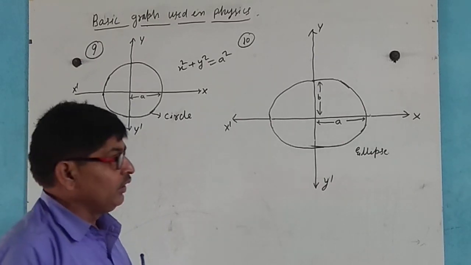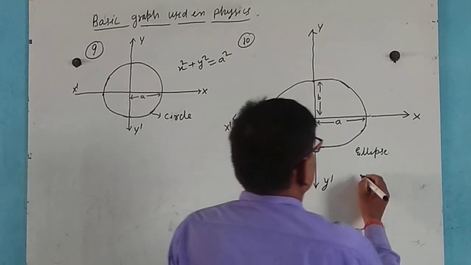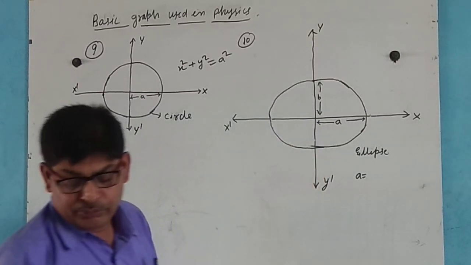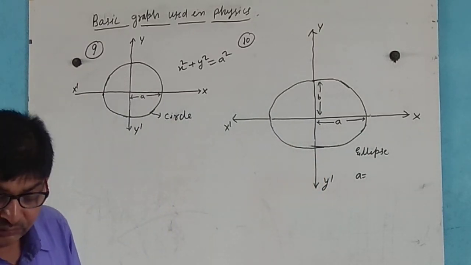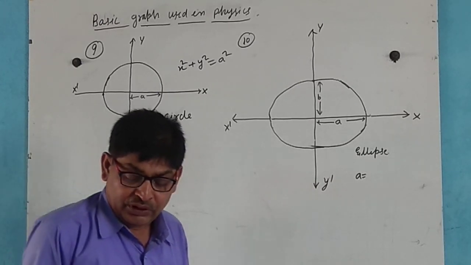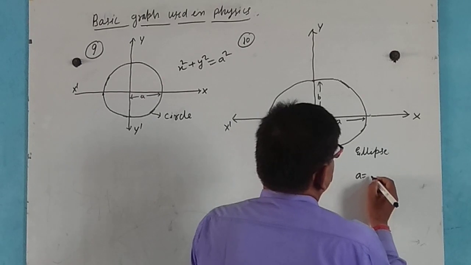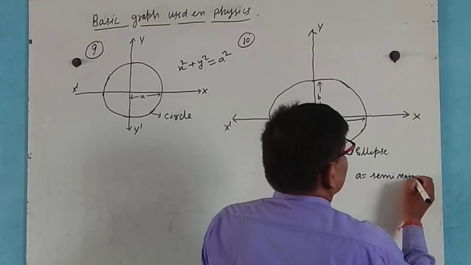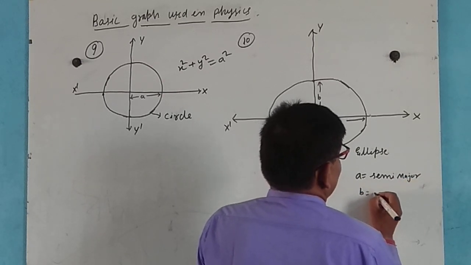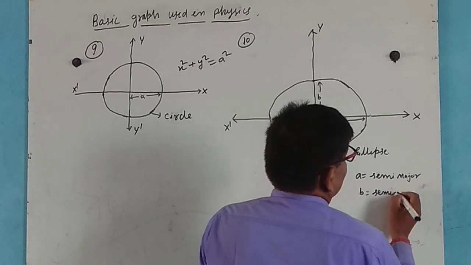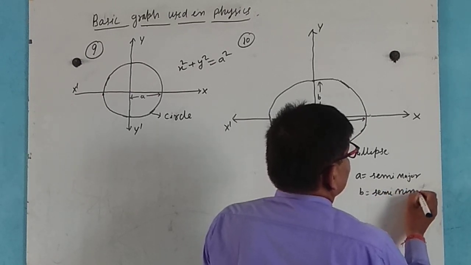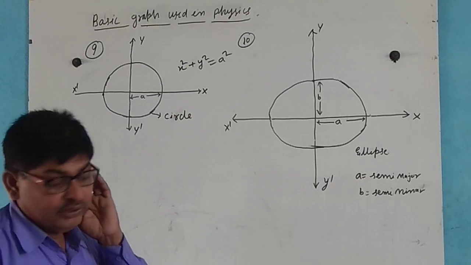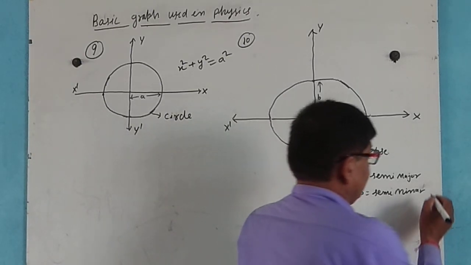Now a is the semi-major axis and b is the semi-minor axis.